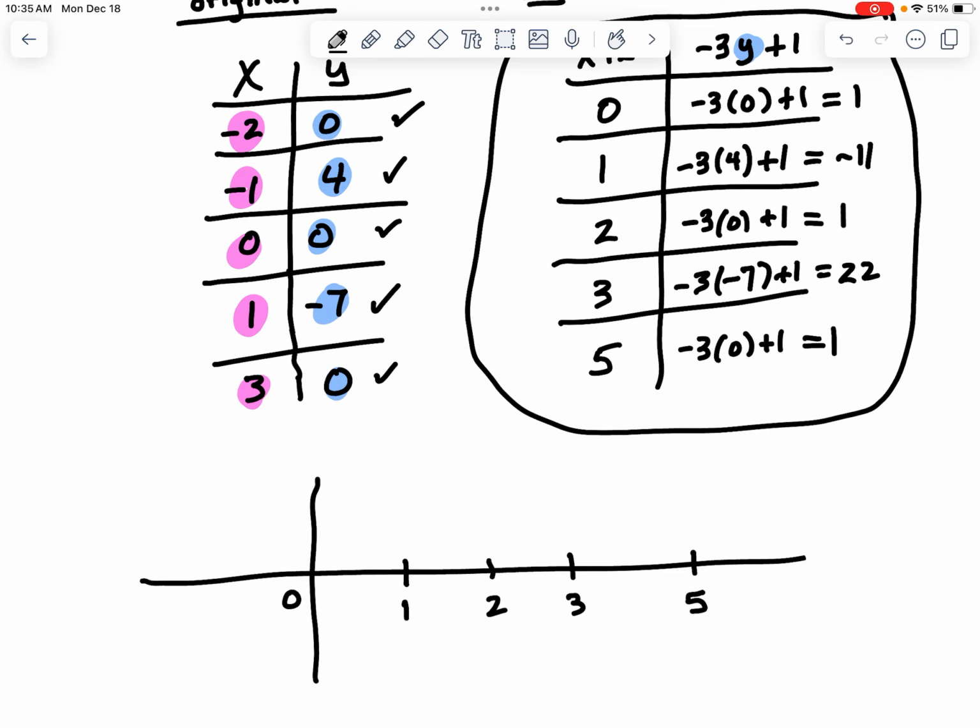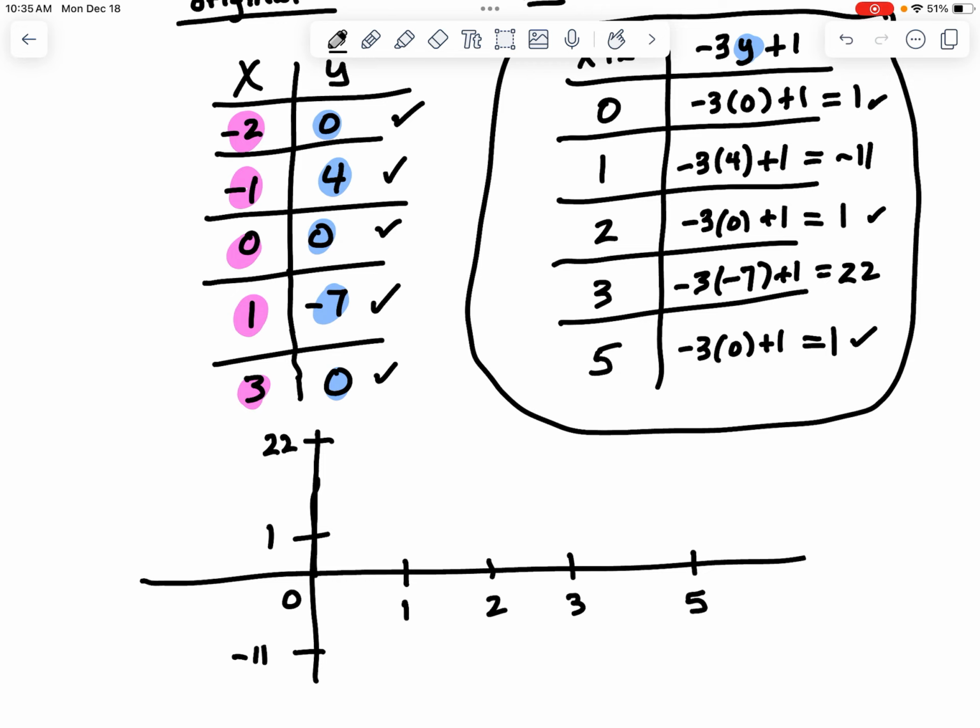And then for the y values, it goes up to 22, so I'm not going to be able to draw it to scale, but it goes up to 22 for the biggest, and it goes down to -11 for the smallest. And then there's also the ones that show up 3 times.